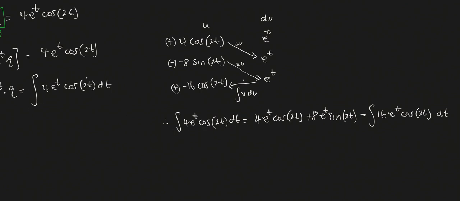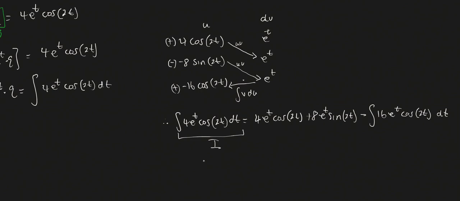Since we want to find the integral of 4e to the t cosine of 2t dt, to get a 4 in here, I can factor out a 4. So it will look like this. And just to simplify what I'm going to write down, I'm going to call this I. And then over here, if you notice, what I have is actually minus 4I, because if I take out a 4 from the 16, I'll have the exact same integral on both sides.